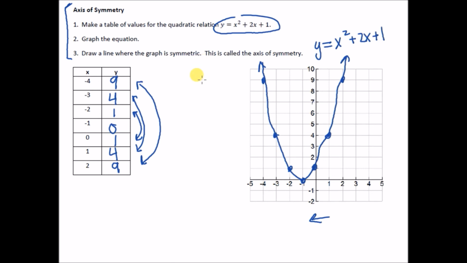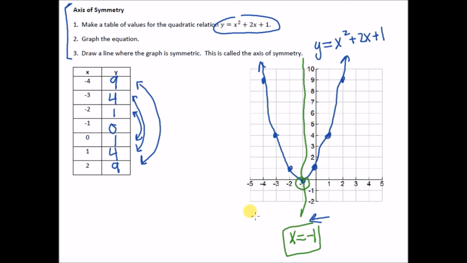Now we're going to draw the line where the graph is symmetric. Looking at it right now, down this line, the graph is symmetric. And of course, I used a ruler there. This is called the axis of symmetry. The number that the axis of symmetry has is -1, so it's actually the vertical line in the form x equals -1.